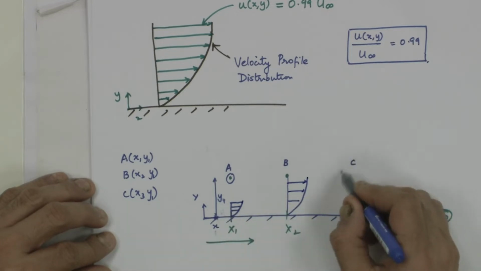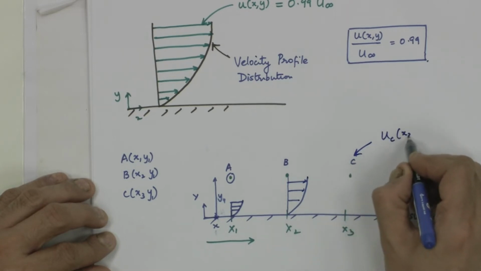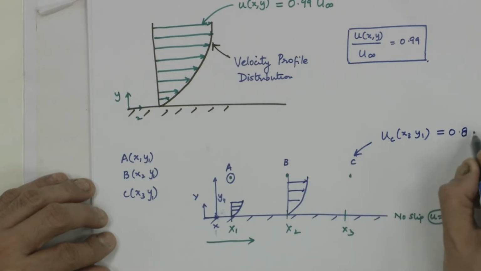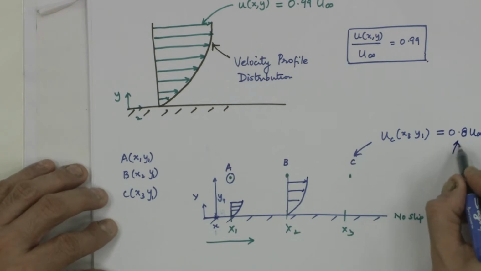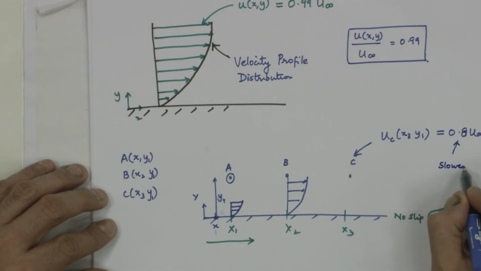This one may be way inside, a location where u of x 3 comma y would be 0.9 or 0.8 u infinity, possible. This indicates that it is slower than u infinity.